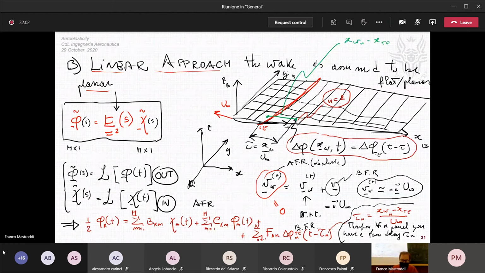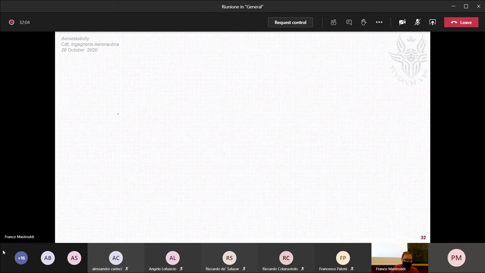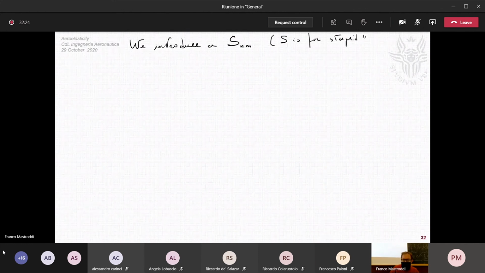So we introduce an S matrix, S is for stupid, and this matrix does the following.